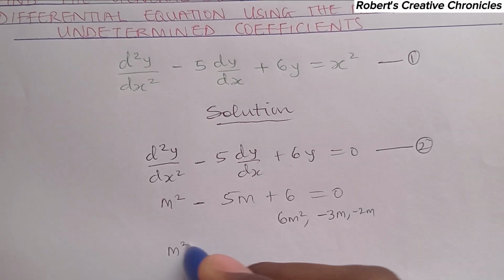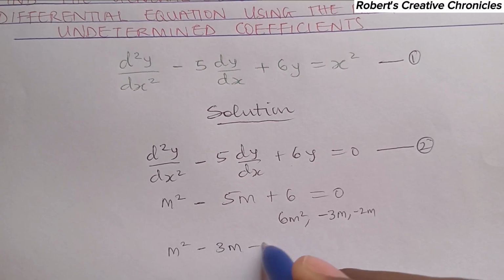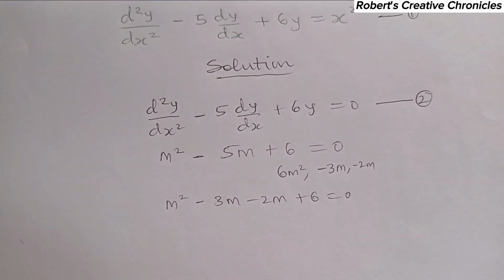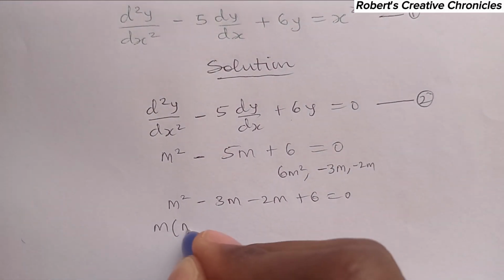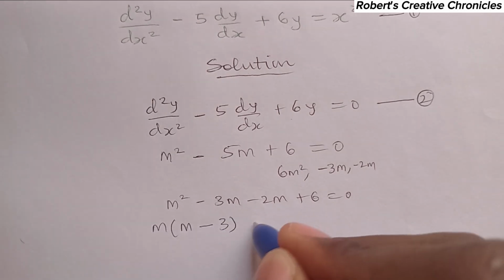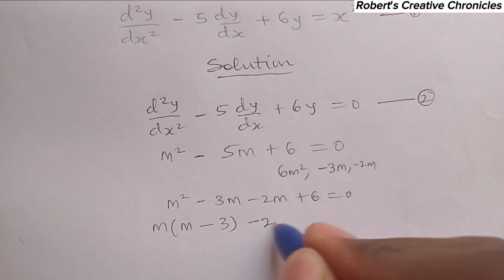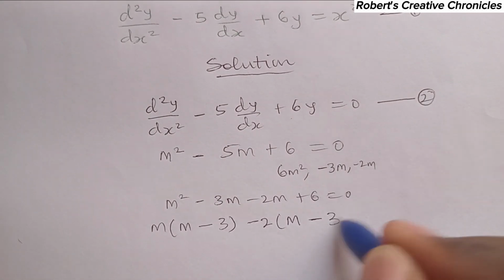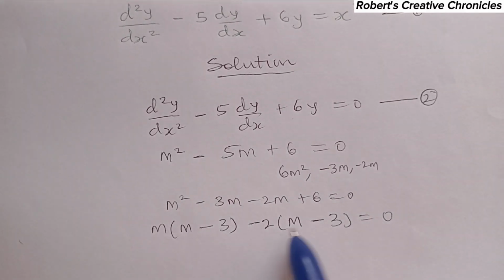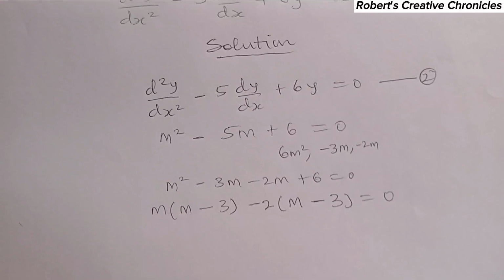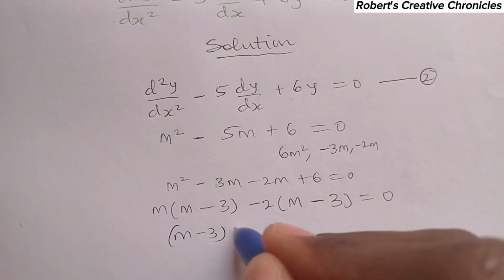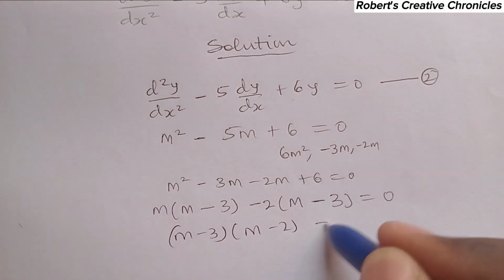So it will be m squared minus 3m minus 2m plus 6 equals 0. Then m is m minus 3, this minus 2m, minus 3 equals 0, such that this is minus 2m plus 6. So you factor out m minus 3, and it becomes m minus 3, m minus 2 equals 0.